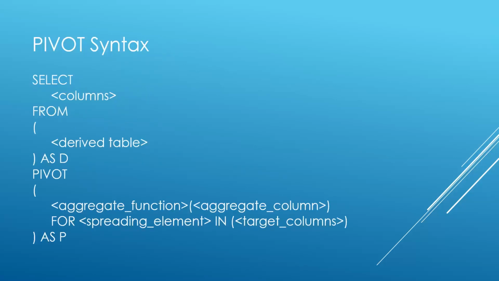If we take a look now at the pivot syntax, as we can see, it's quite extensive. It includes a derived table as an input to our pivot, and then the pivot itself, which includes an aggregate function, the column we're actually aggregating, the spreading element, so that is the row values that are becoming columns, and then our new column names, our target columns.